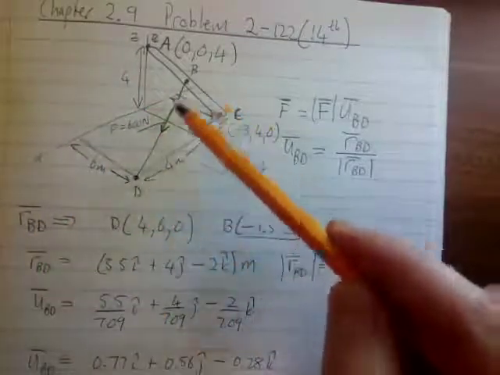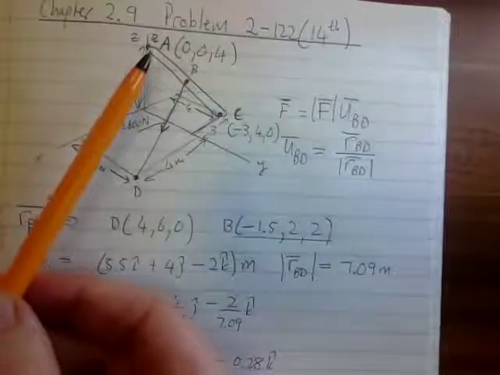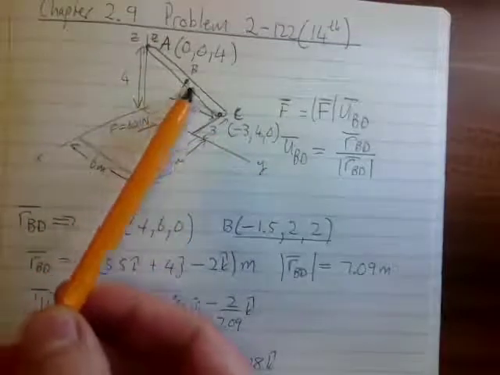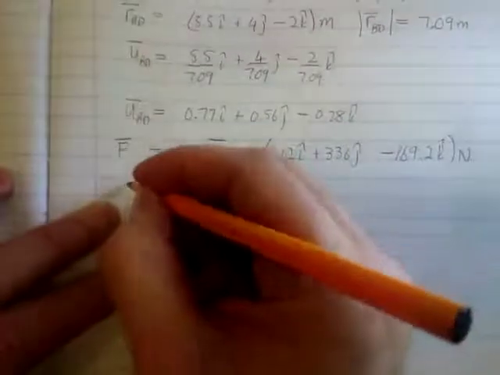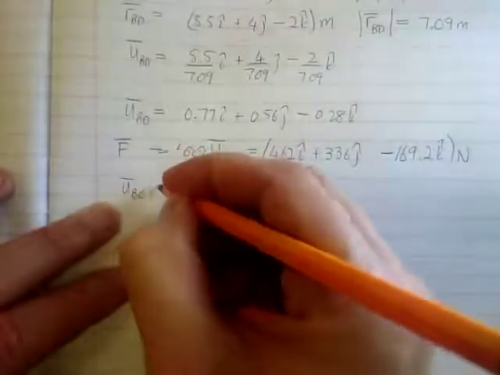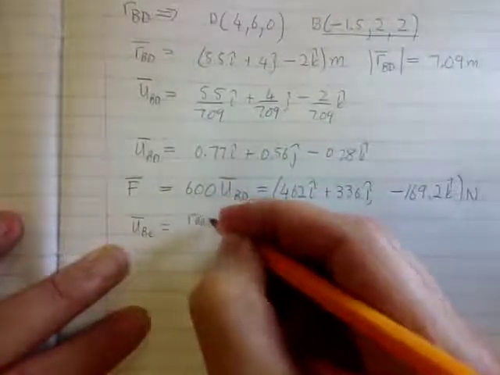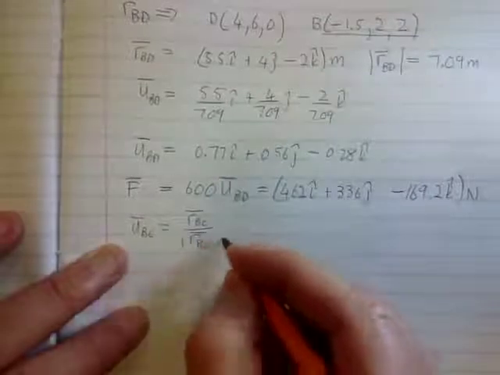So if you were able to get F in vector form, you could also use unit vector AC, because it's the same direction as unit vector BC. But what we're going to do is calculate unit vector BC, which is simply the position vector BC divided by the magnitude of BC.